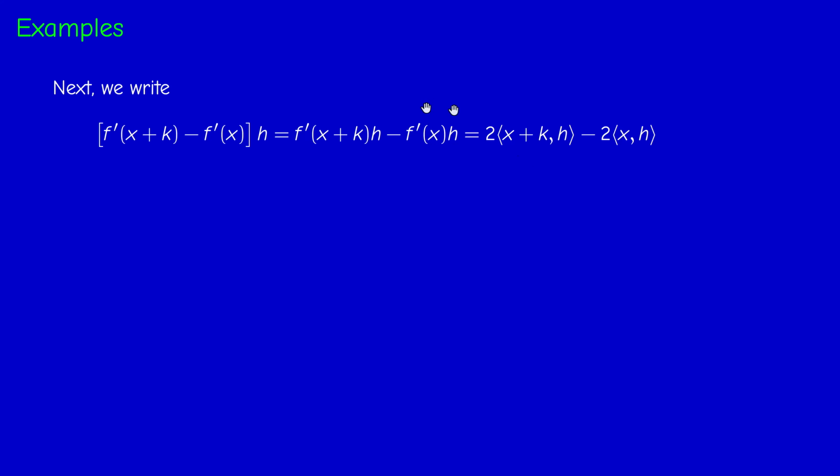And so I replace these derivatives by the value obtained before. So I get twice the dot product. And then by using the linearity with respect to the first variable, I get twice the inner product between k and h. And now you should see that this term here is actually bilinear and bounded in k, h. So this will be our second order derivative.